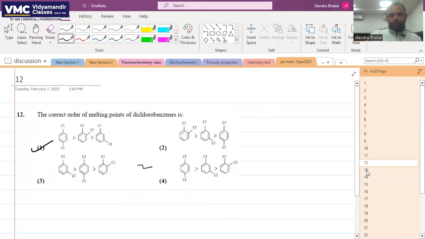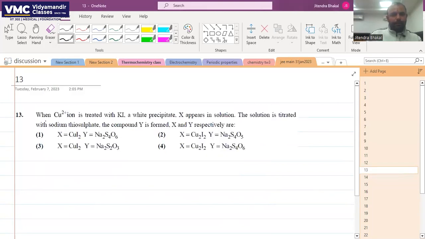Question number 13. When Cu2+ ion is titrated with KI, a white precipitate is formed.